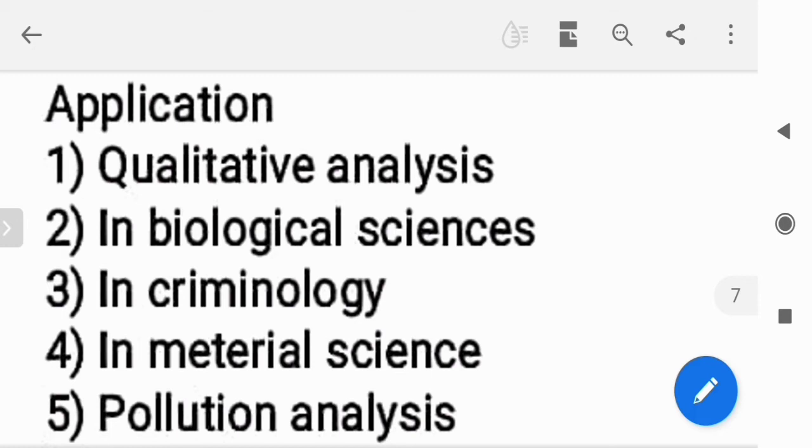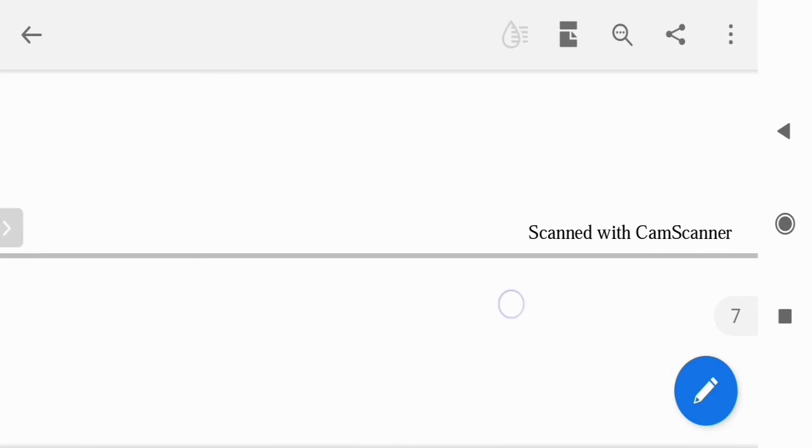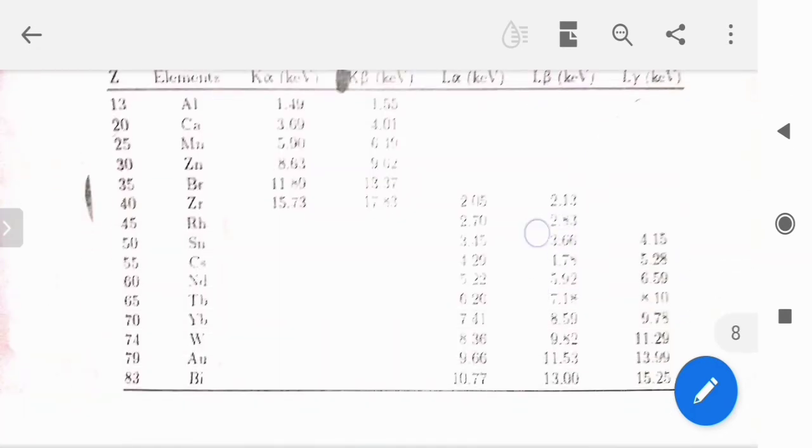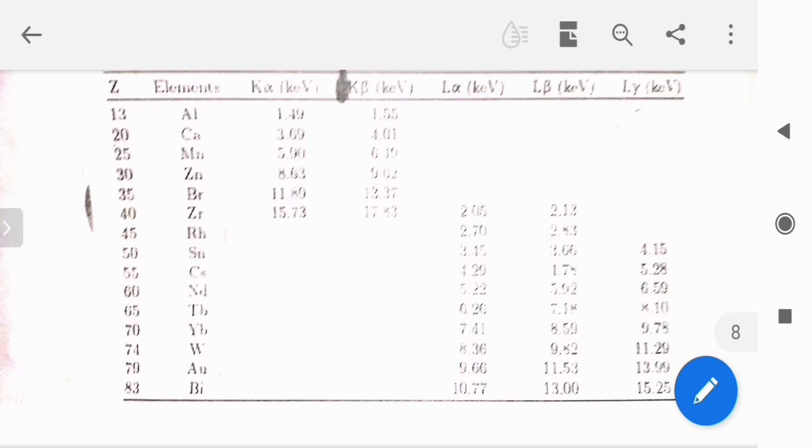Here is a chart for some of the common elements. We see the atomic number, the element symbol, and the characteristic peak for that element for a specific shell. For lighter elements we have the K shell energy of the X-ray radiation, sometimes referred to as K alpha lines or K beta lines.